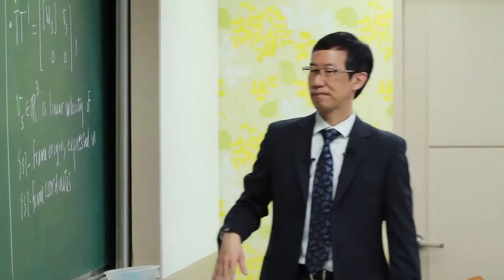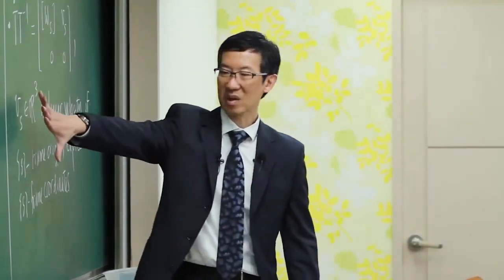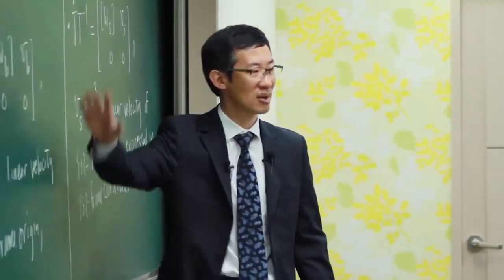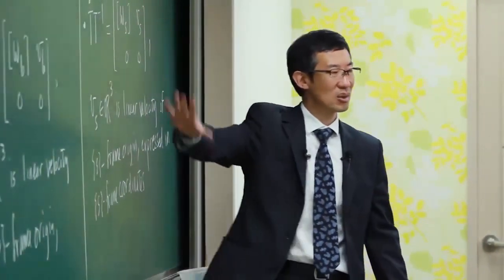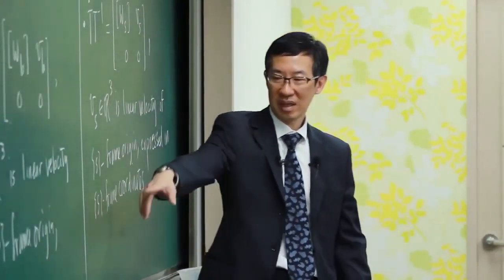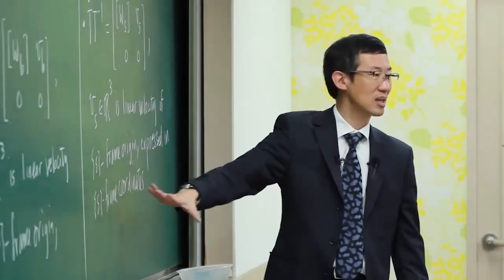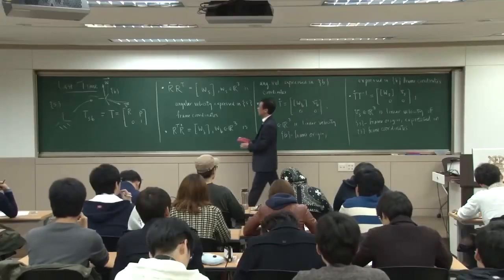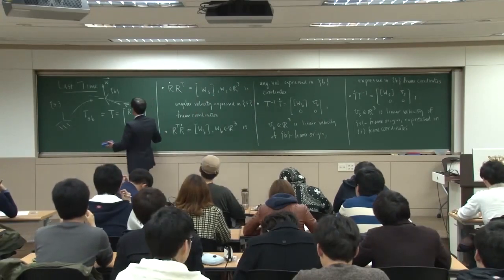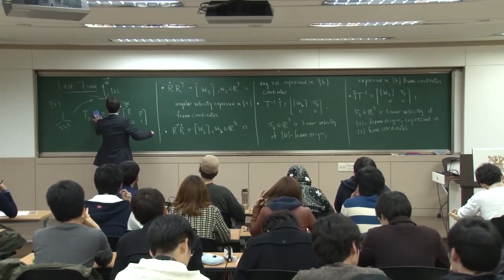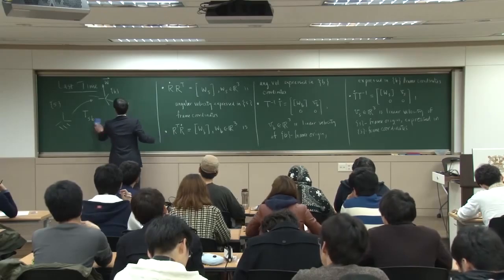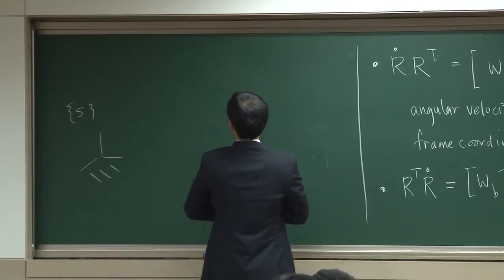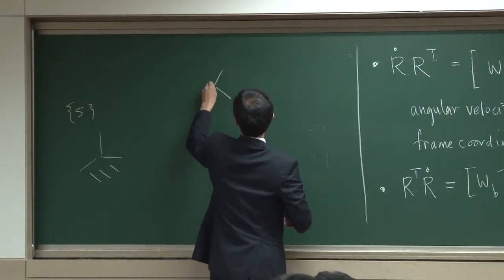If you compare the statement of v sub s with the statement for v sub b, you see there's a certain symmetry to it. Replace b by s here and you get v sub s. So what does this mean? Let me modify this drawing a little bit. There's a B frame here.